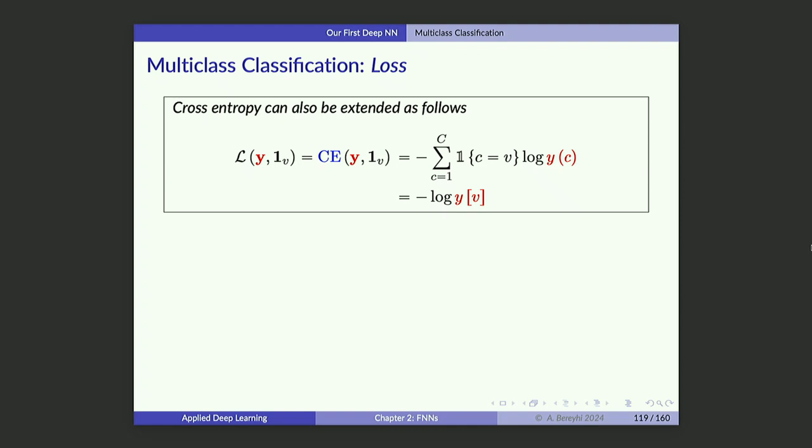Say your v equals 3, and you have 10 classes. This is your Y. You want this guy to be close to 0, this guy to be close to 0, this one to be close to 1, because your true label is 1. This is your y v. And then the other guys to be 0.